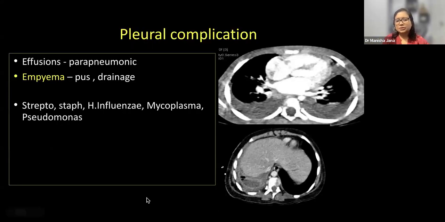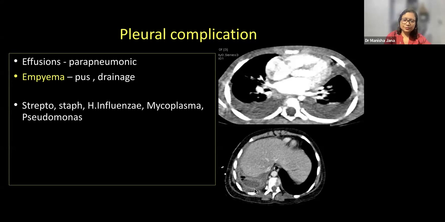Now, coming to pneumonia, the complications of pneumonia can be pleural complications: pleural effusion or empyema. So, how to differentiate between the two? If we see low attenuation fluid without any clear wall to it, the pleura adjacent to the chest wall is not enhancing.